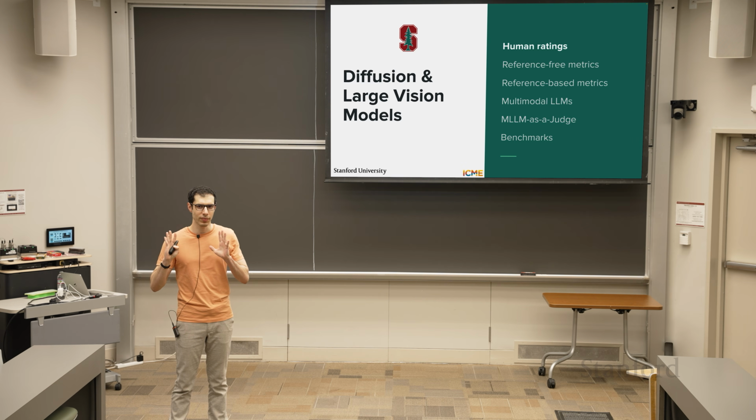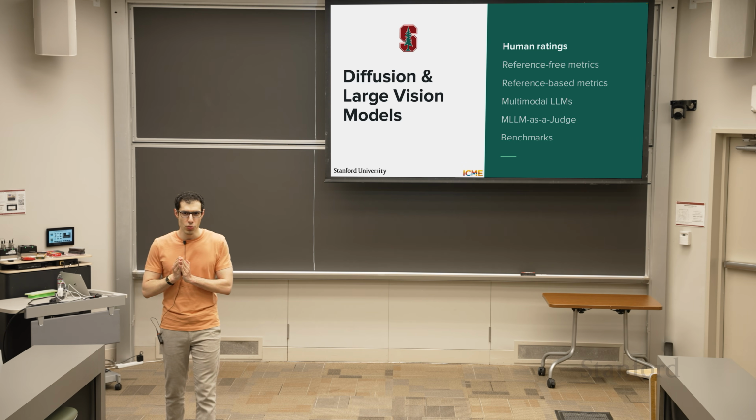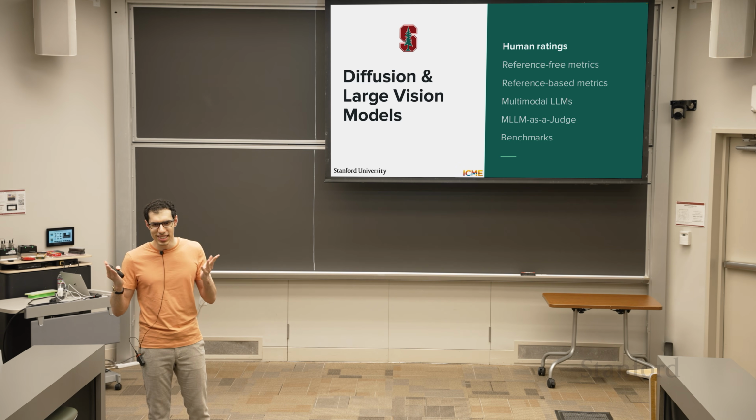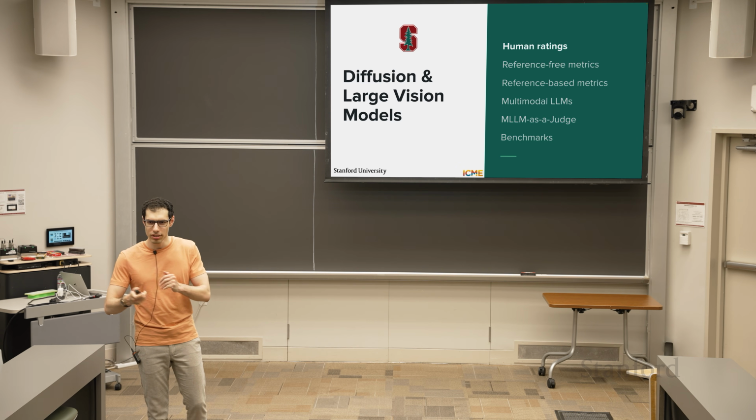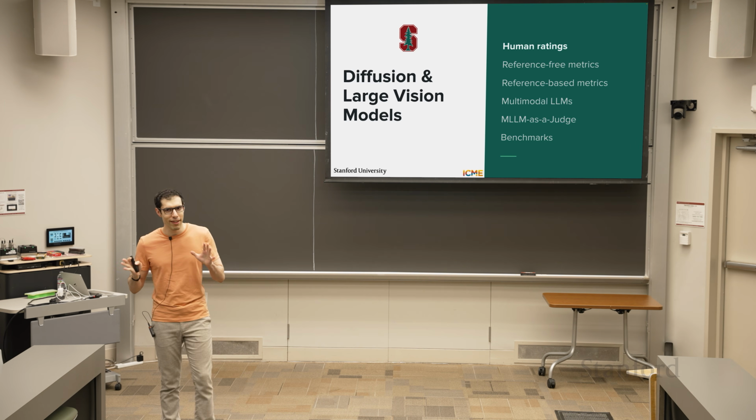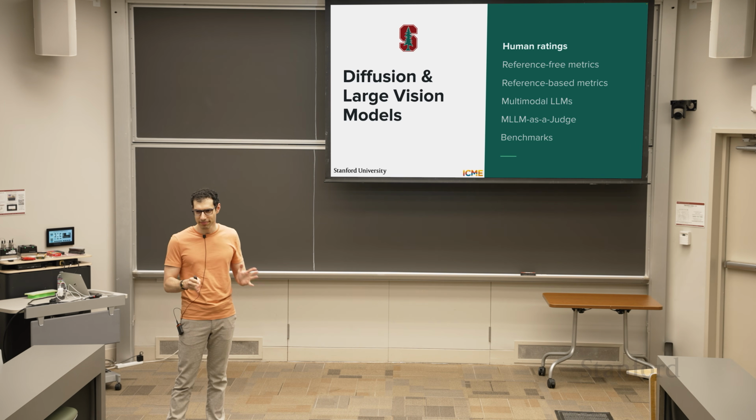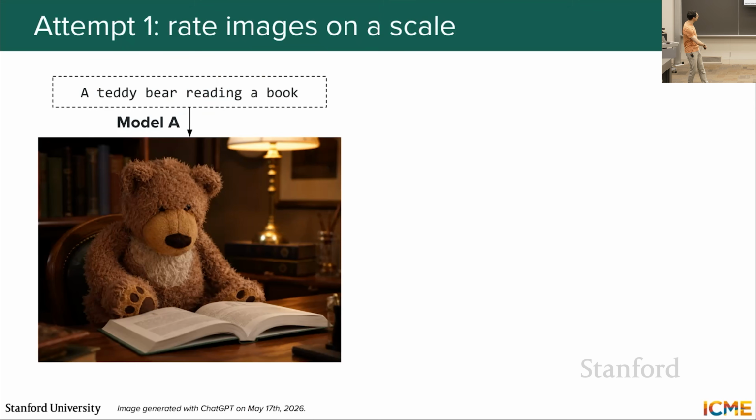And with that, I would like to start with a very simple and natural way of evaluating your output, which is to leverage humans. So here, the idea is you have your model, you have some input prompt that is having your model generate an image.